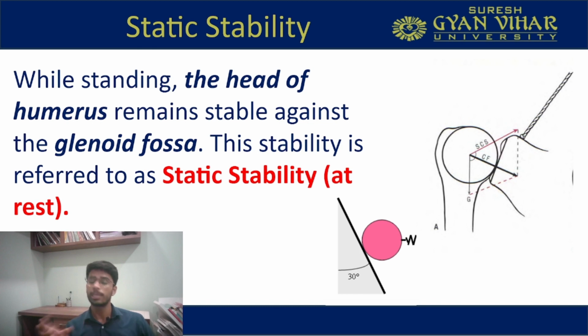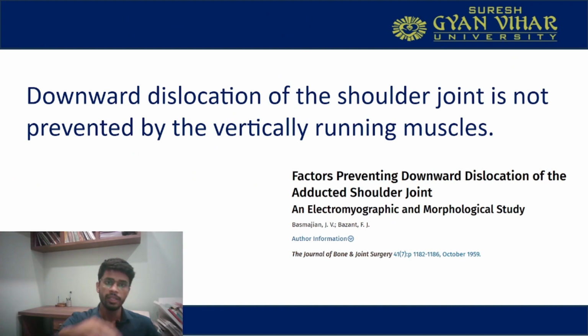So these capsular or compressive forces will not be there, which means that these three things: gravity, superior capsular structures, and the upwardly rotated scapula are very important in order to maintain static stability. Now, downward dislocation of the shoulder joint is not prevented by the vertically running muscles.